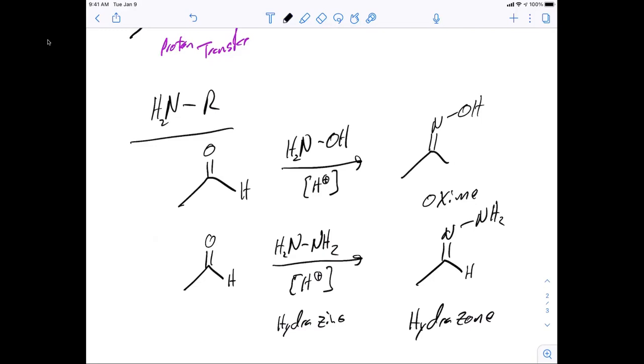But anytime I have the NH2 with an acid catalyst, I'm going to end up with the same product. I'm going to end up with a carbon double bond nitrogen. And then whatever else is out there, this R group could be an alkyl group, could be a hydroxide being an oxime, or could be another NH2 being the hydrazone.